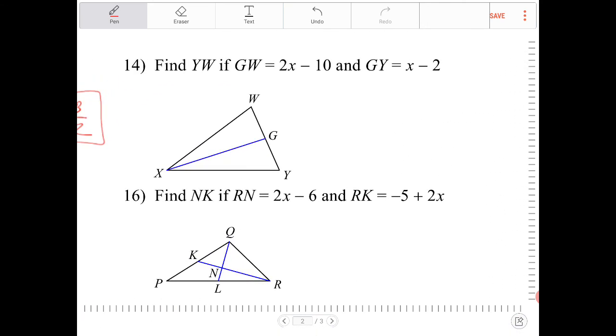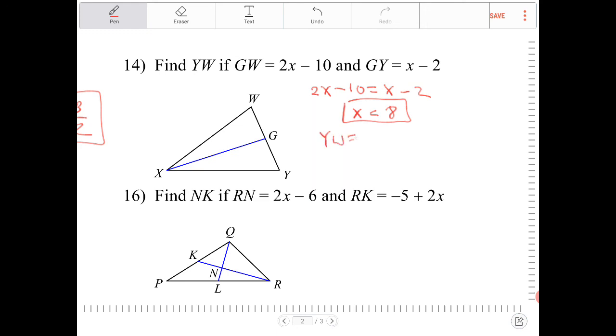Question number 14. YW is what I need to find. GW is 2x minus 10, and so 2x minus 10 is equal to x minus 2. Subtract x and add 10, I end up with x is equal to 8. Since x is equal to 8, I can now find YW.